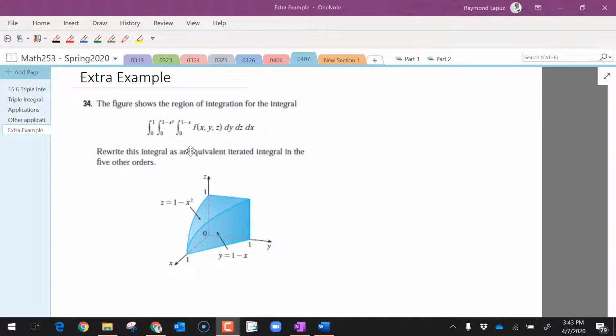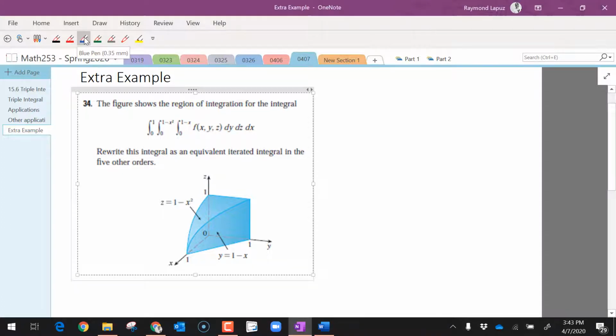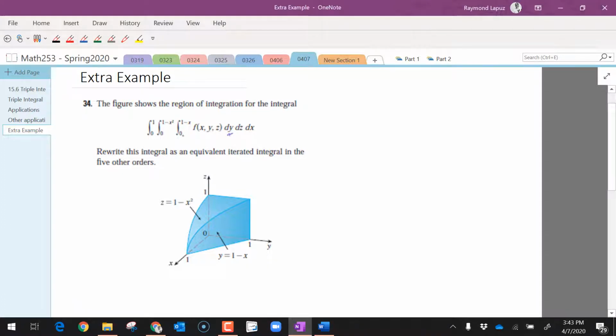And so this particular triple integral looks like it's made so that we integrate with respect to y first from 0 to 1 minus x. So there's a y equals 0, 1 minus x. And y equals 0 is the xz plane. And then z goes from 0 to 1 minus x squared.